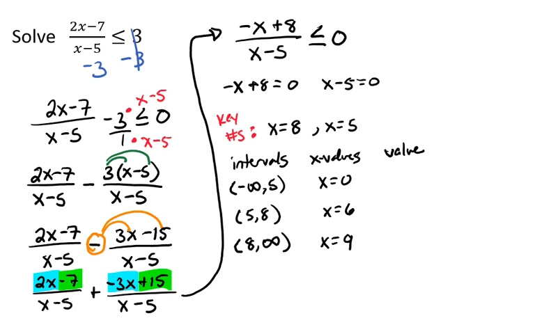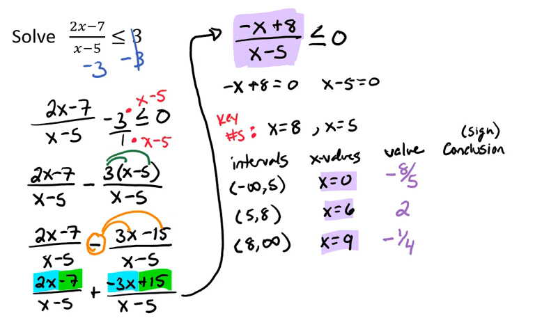This is where we take our x values and plug them into our rational expression to get our answers. When we plug in 0, we get a value of negative 8/5. When we plug in 6, that gives us a value of 2. And when we plug in the number 9, that gives us a value of negative 1/4.